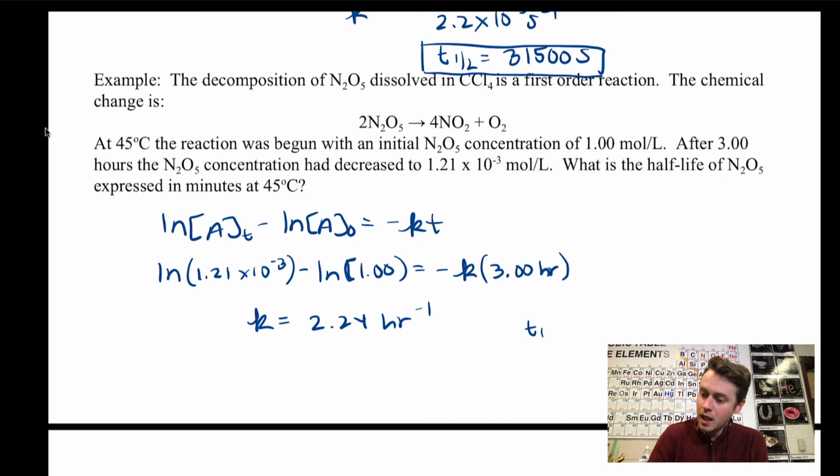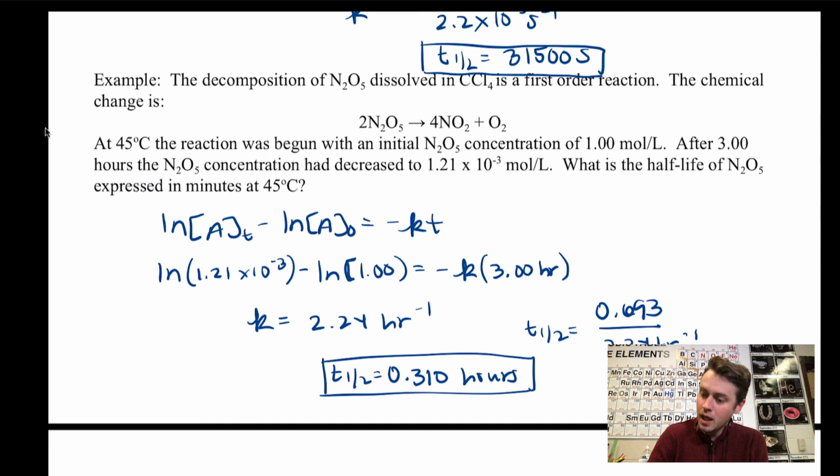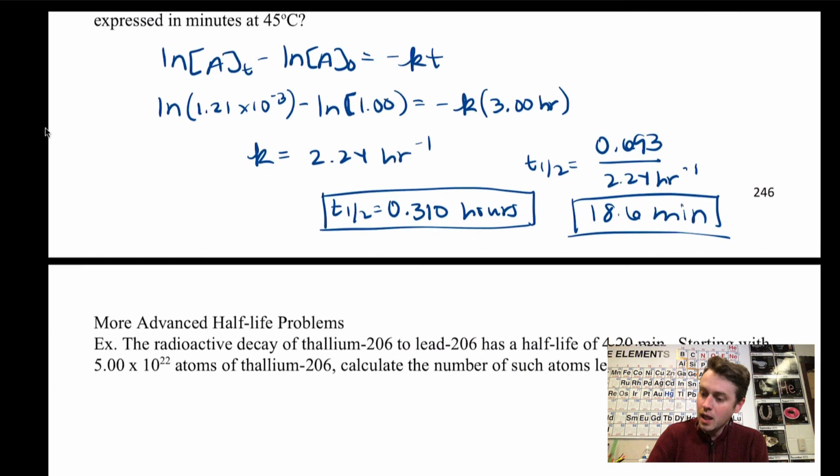Now that I have that, I can figure out my half-life, which is 0.310 hours. Well, it asks for minutes, so that's 18.6 minutes. So that's a more difficult type of question, but one that you could actually have as well.